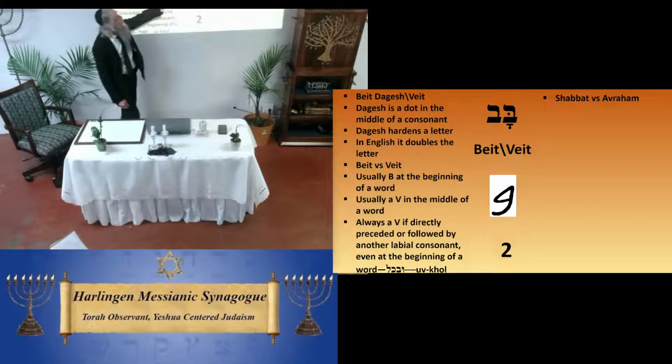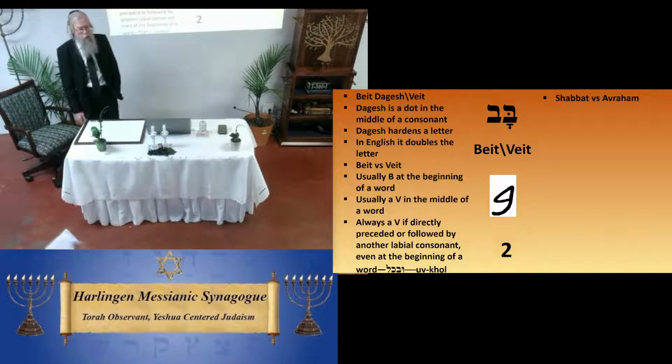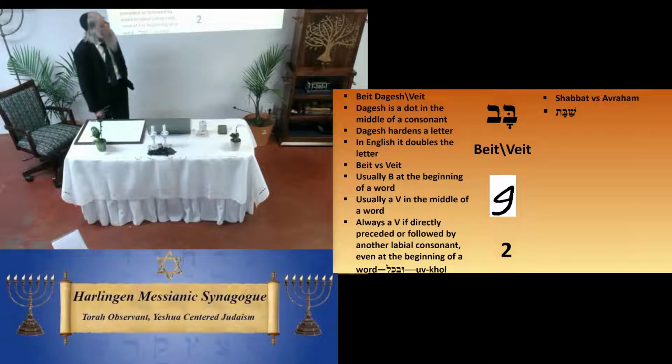All right, so here you see it in English transliteration. These are transliterations. Go ahead with both of them. All right, so here you see the Hebrew. I need a pointer.